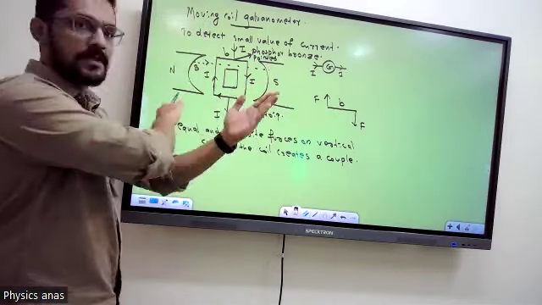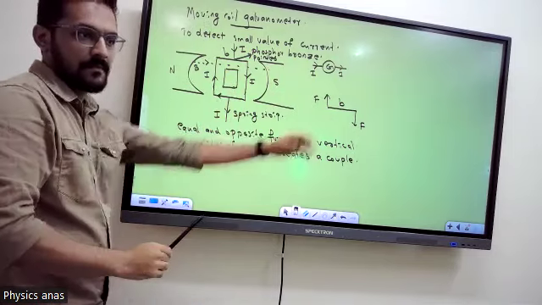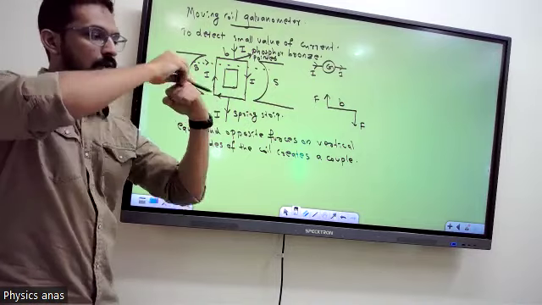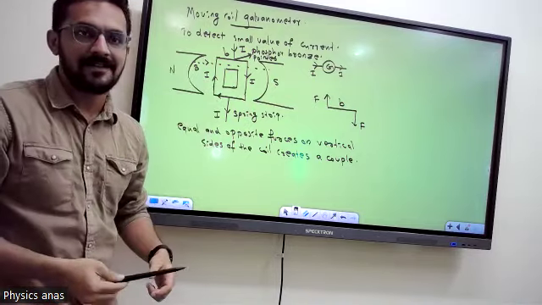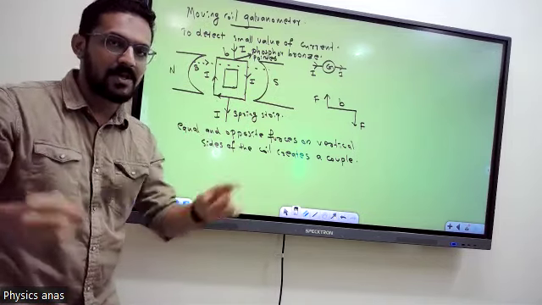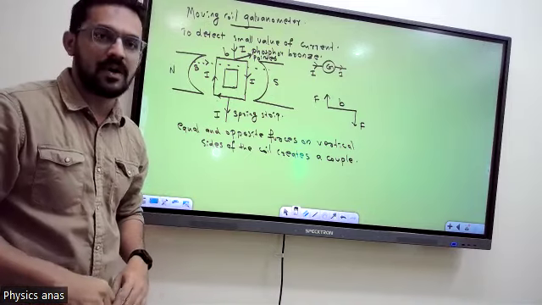If the coil turns, the pointer will move like this. Then the pointer will show you the direction and value of a small current.